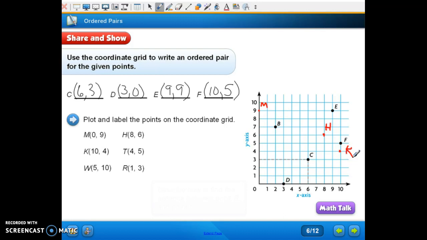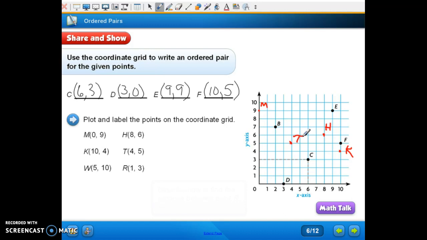Okay, T. Remington, we're ready for T. What are we going to do first? Over 4, up 5. And that's labeled T. Who's next? Danny.